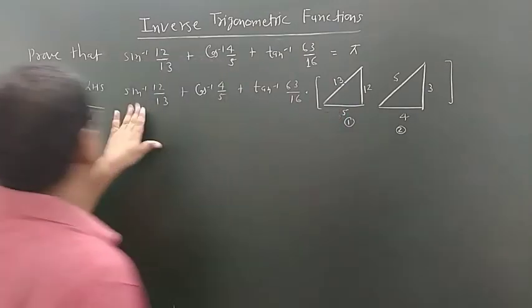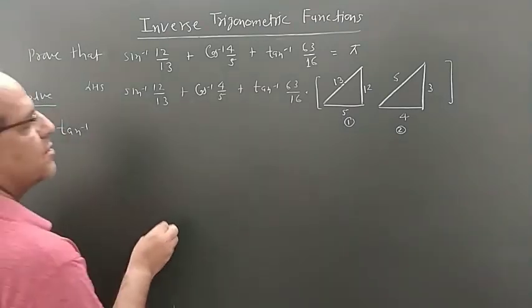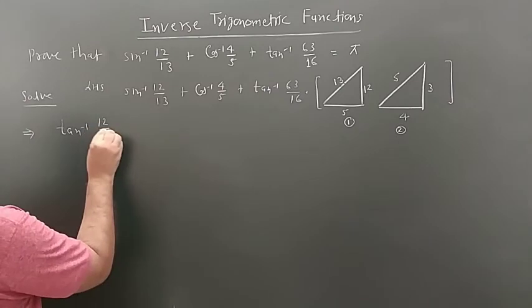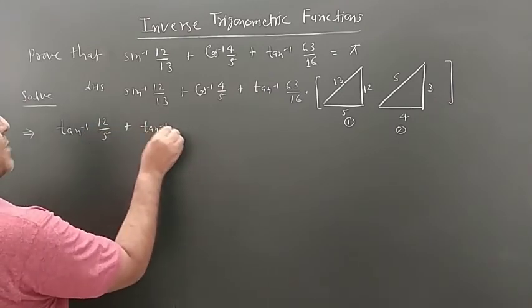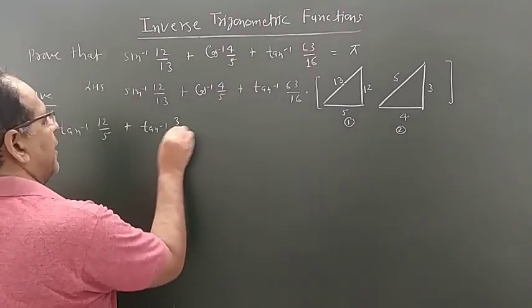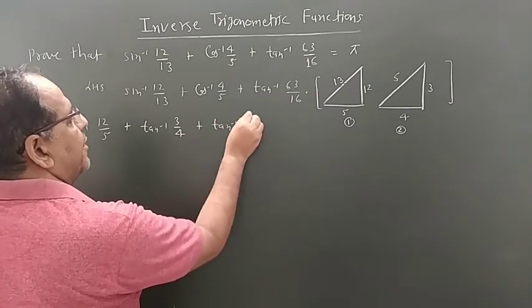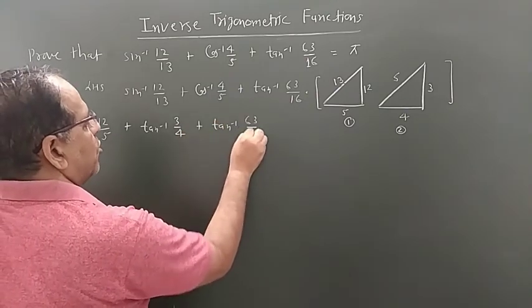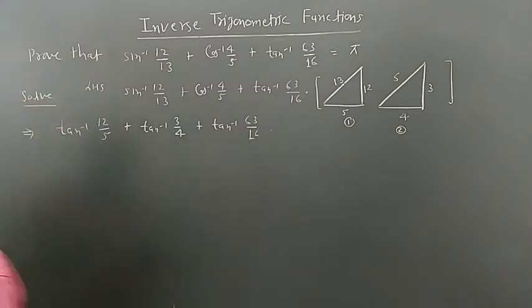So this converts into tan inverse, so this becomes tan inverse 12 upon 5, plus the second value cos inverse, which is also converted into tan inverse, so this becomes 3 upon 4. The last value is already in the form of tan, so this is not converted: tan inverse 63 upon 16.